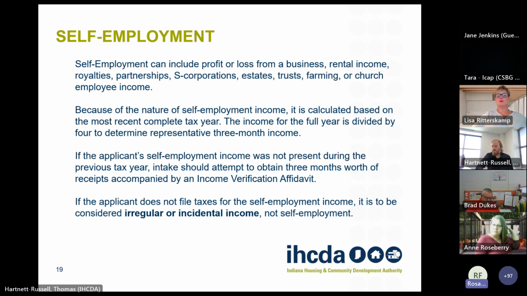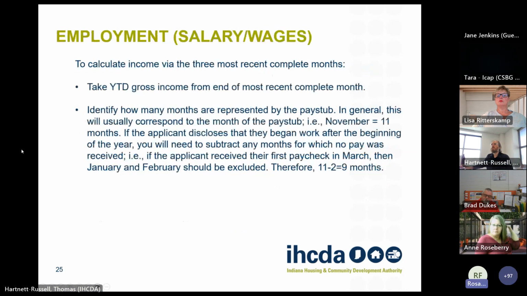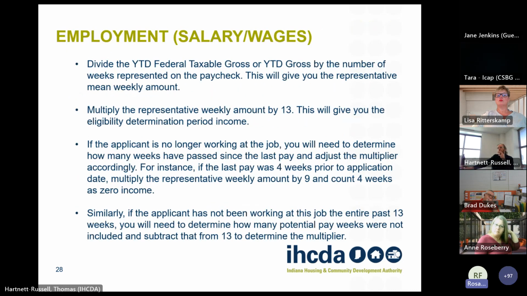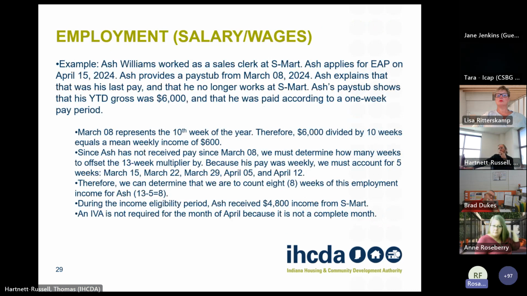On your 13-week example that you gave, with not having to collect an IVA for that month, that looks like there is a month of no income. Would it be wrong if we do get an IVA?